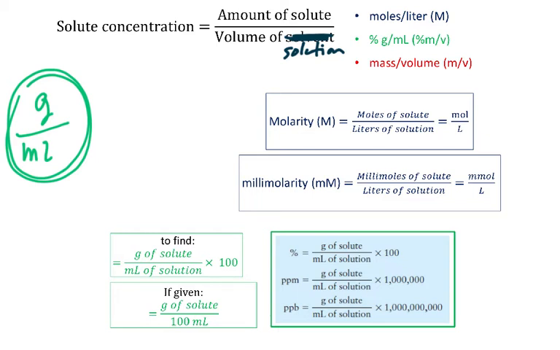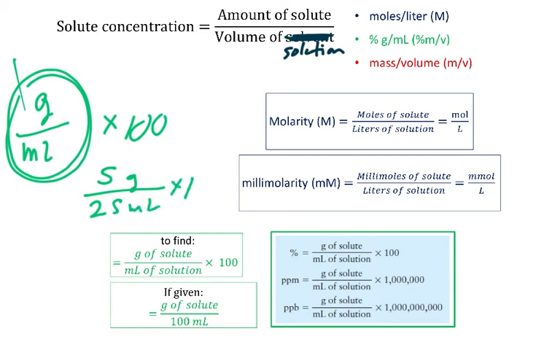Okay, so in this case, it's always grams on the top and milliliters on the bottom. And then if it's percent, it's times 100. Right? So let's say you have 5 grams in 25 milliliter solution.